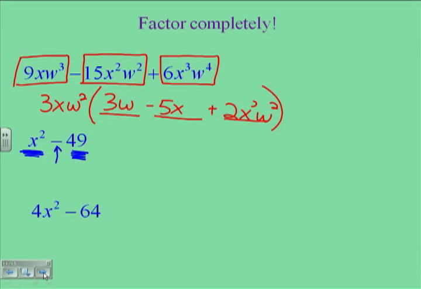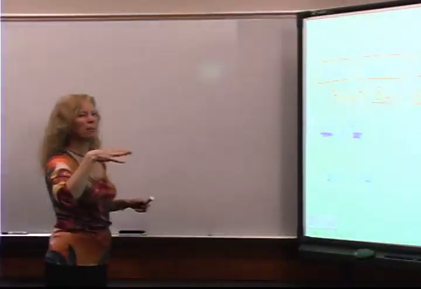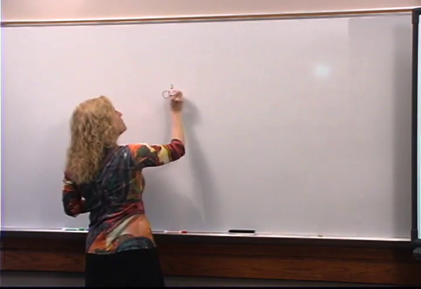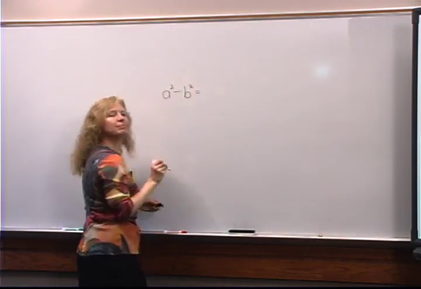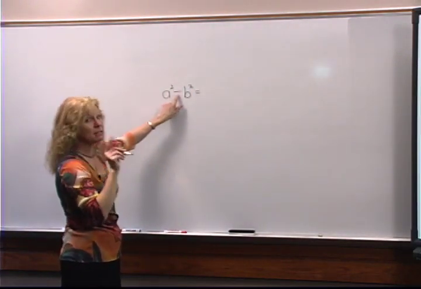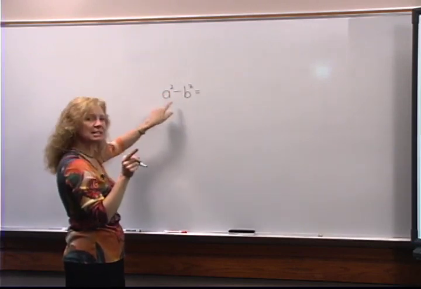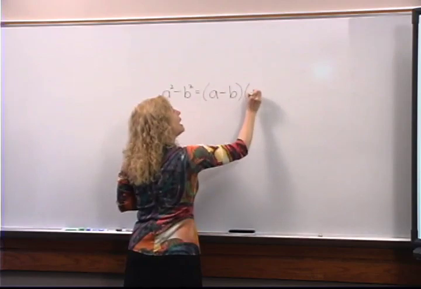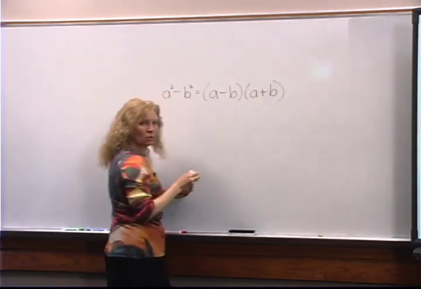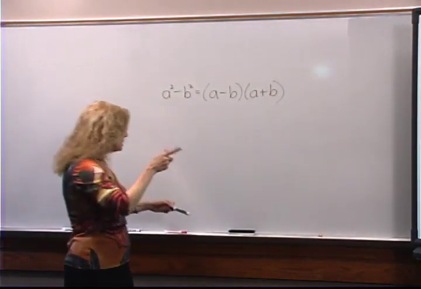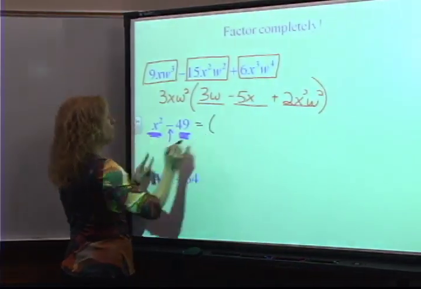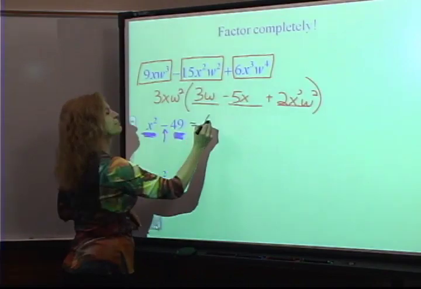And if you would like, you could give yourself this formula. If you like, it's a factoring formula. A squared minus b squared. Notice it's a difference, subtraction of 2 perfect squares will go to a minus b, a plus b. Okay? So in this particular case, we would have, what squared gives me x squared?